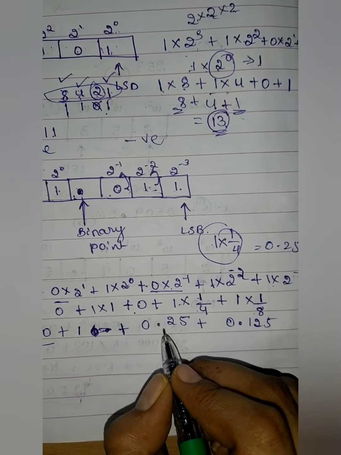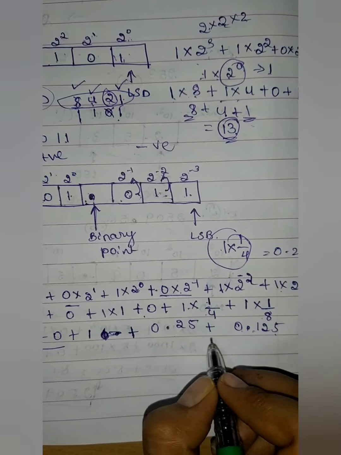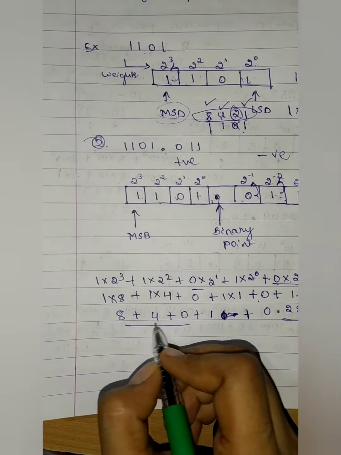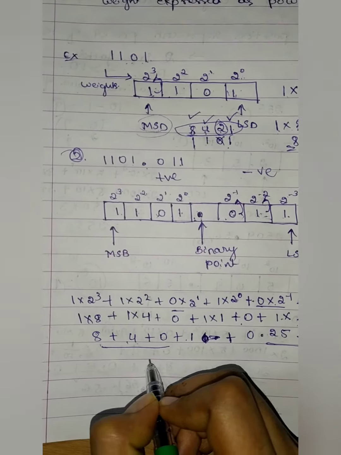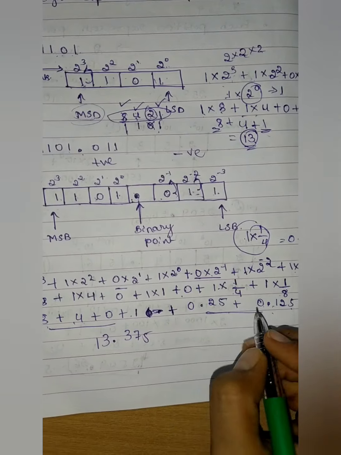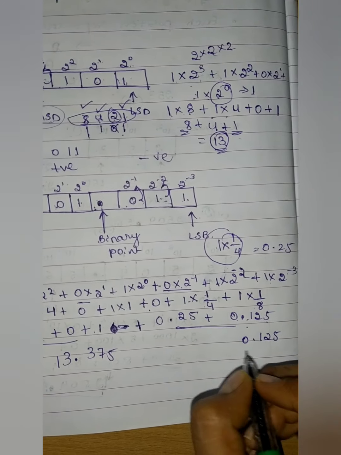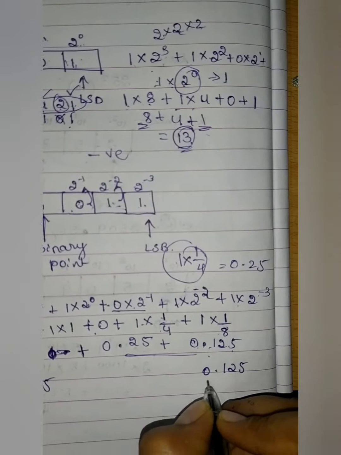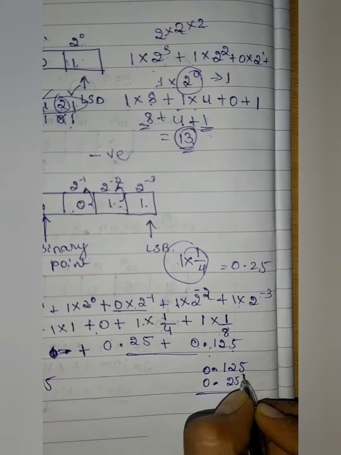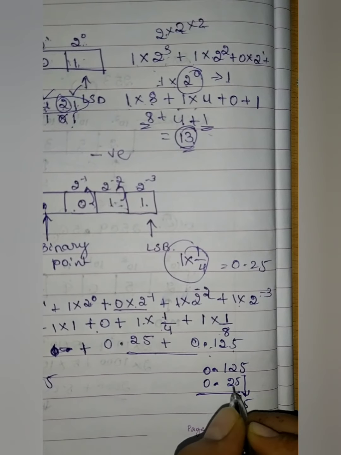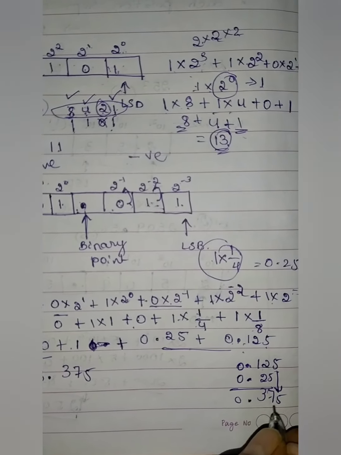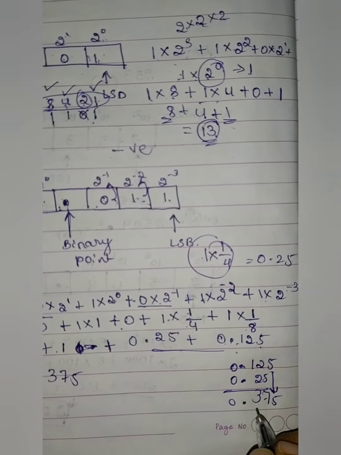But when you sum up, what should you do? Take 0.125 and 0.25 separately, because these are negative values or negative weighted values. So 8 plus 4 is 12, 12 plus 1 is 13. When you add 0.125 and 0.25, you get 0.375. The point must come correctly here. So 5 plus 2 is 7, 2 plus 1 is 3. So the sum of the values of negative weights is 0.375.